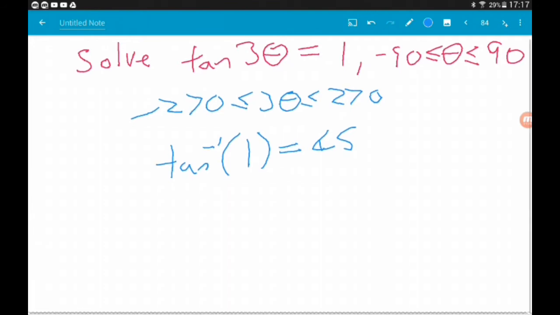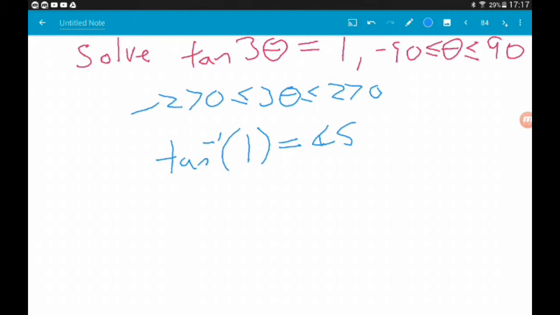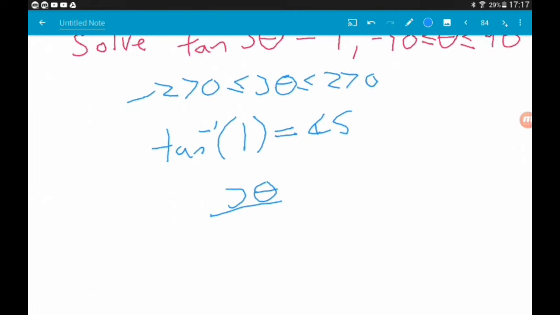There's going to be quite a few here, so let's put 3 theta up the top. 3 theta is allowed to be 45. Now to find any others, we add 180 or subtract 180. Let's do the additions first. 45 add 180 is 225.